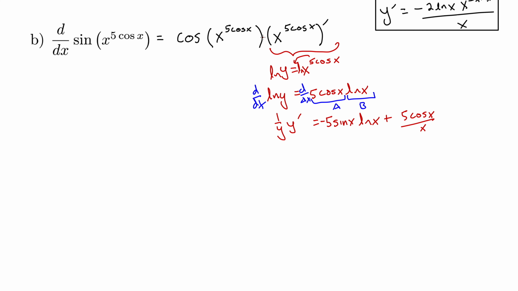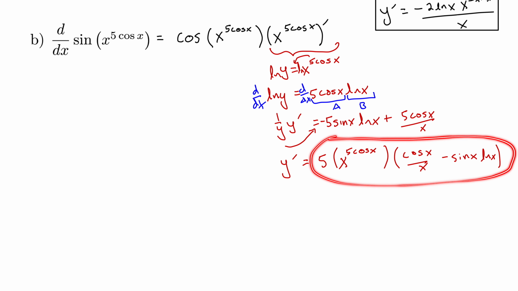So factoring out a 5 and bringing up this original y here tells us that our y prime is 5 times x to the 5 cos x times, how about we write this as cos x over x minus sine x natural log x. It's a good way of writing that. But remember, all of this was just this prime bit right here, x to the 5 cos x prime.